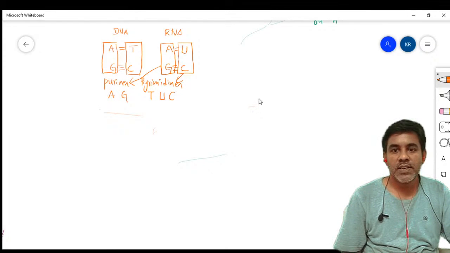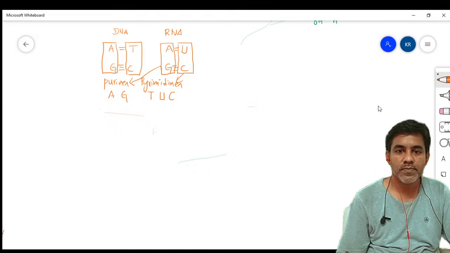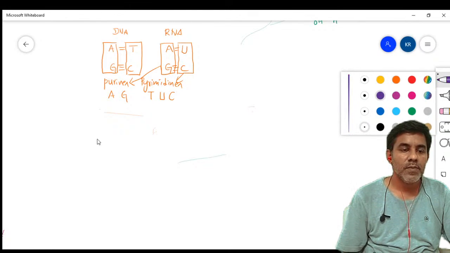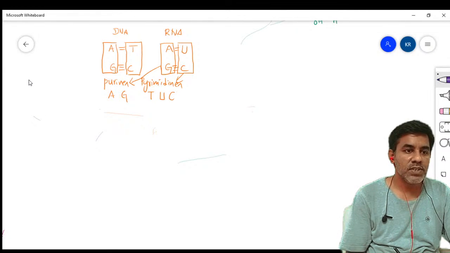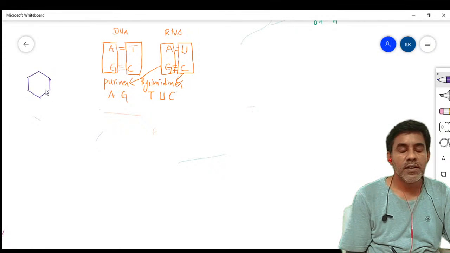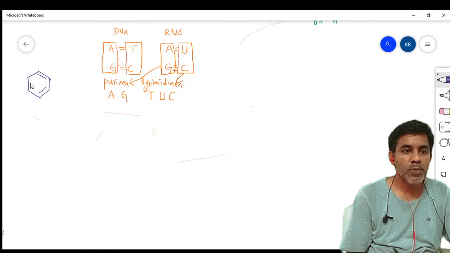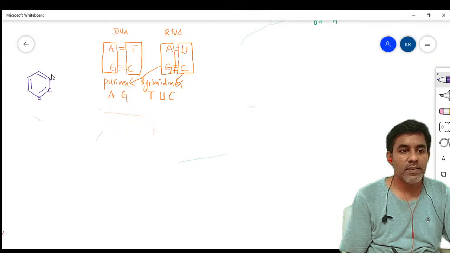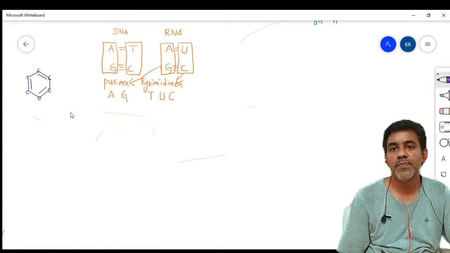So let's observe the structure. You know about the structure of benzene. This is cyclohexane. If you write alternate double bonds, it becomes benzene. At every location you will find C is present, and the remaining bonds are hydrogen bonds.